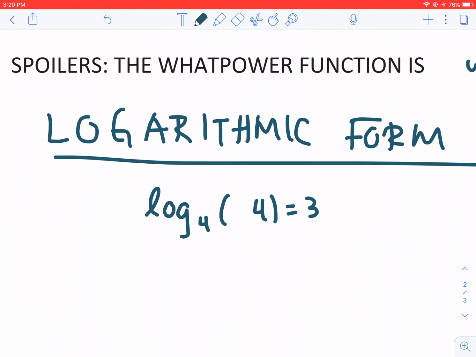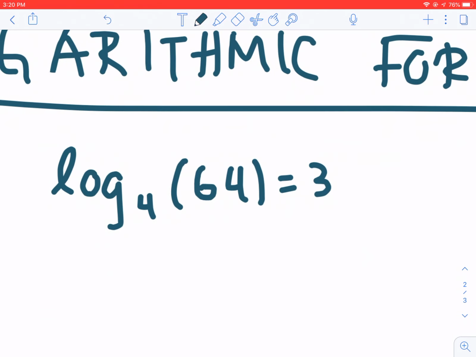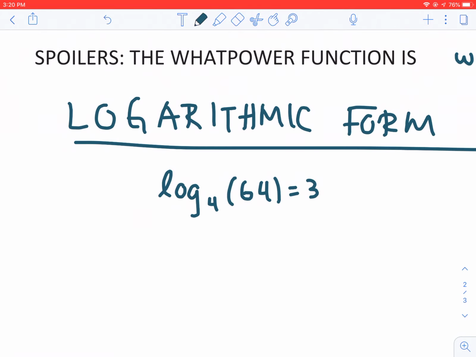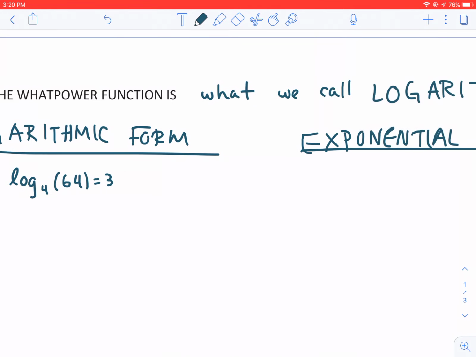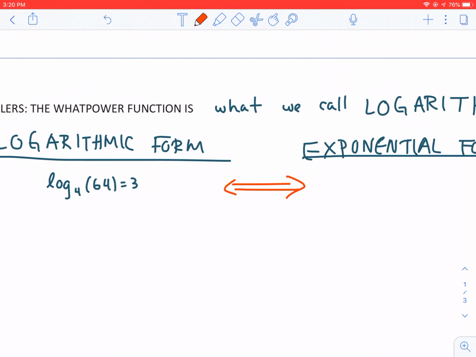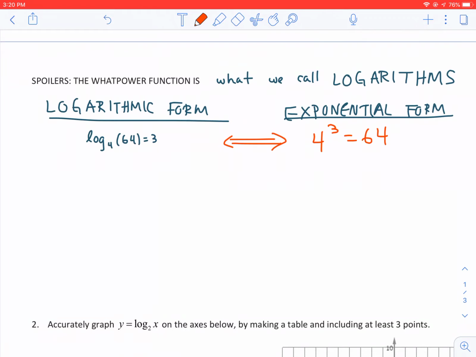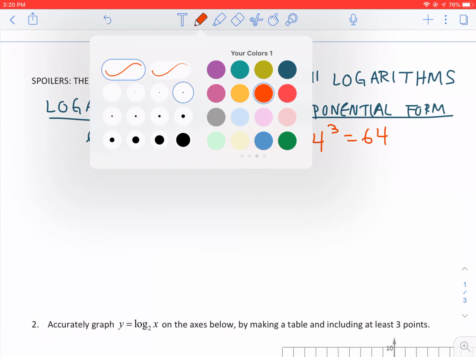It's saying pretty much WhatPower of 4 is 64. We know 4 cubed is 64. Well, in exponential form, we can go back and forth either way, but this is saying 4 to the third power is equal to 64. Let's do another example.